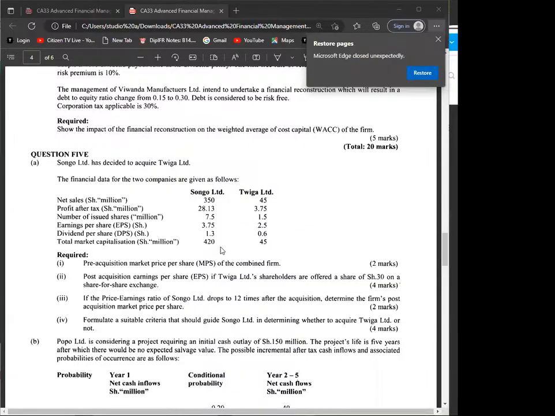For Songo, it's 420, plus the market capital of Twiga, 45, divided by the number of ordinary shares of the first company. I can see the number of issued shares are 7.5 and the other one is 1.5. Here we are not exchanging anything. We are simply looking at how we get the price per share, assuming that there are no synergies which will accrue because of the two firms coming together. So you divide by 7.5 plus 1.5.